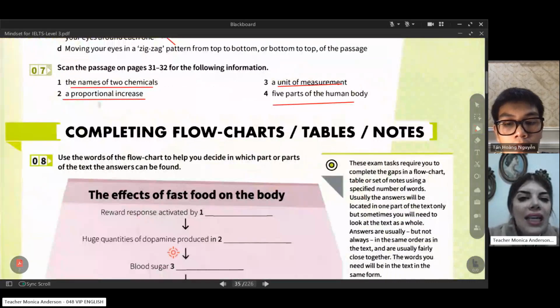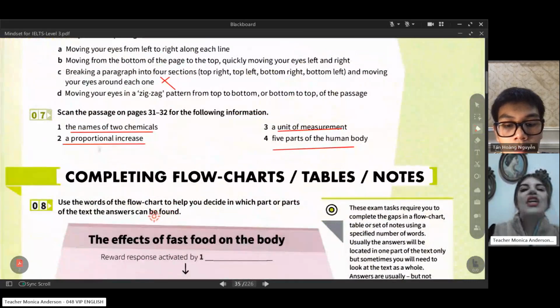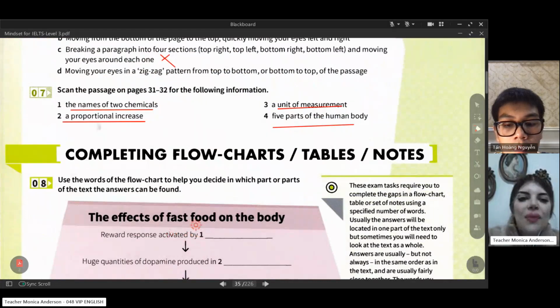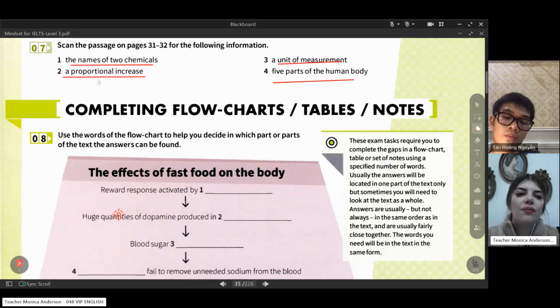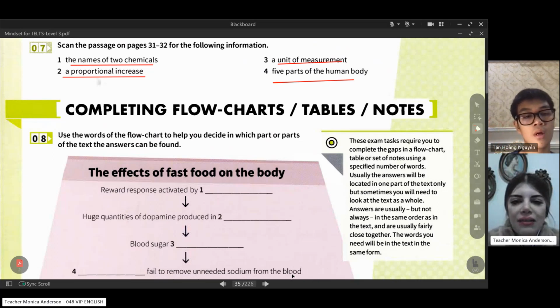Okay, and now we're going to complete this flowchart using the text. Use the words of the flowchart to help you decide in which part or parts of the text the answers can be found. Okay, the first one, may I ask you to read it?